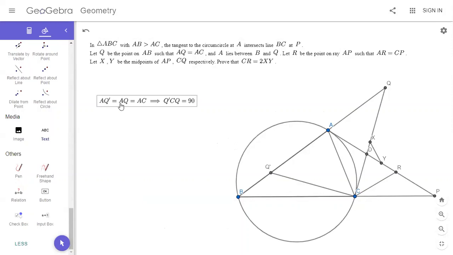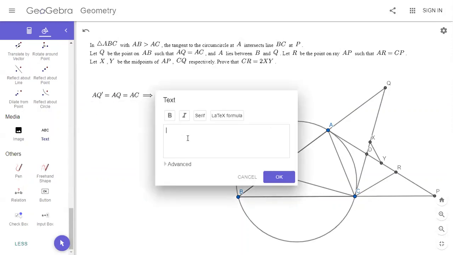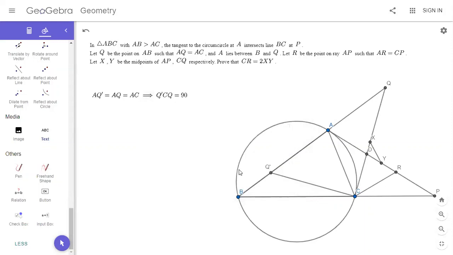All right. And then Q prime AR is equal to ACP.